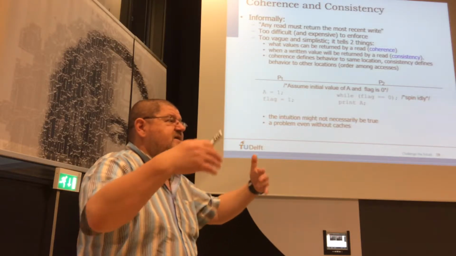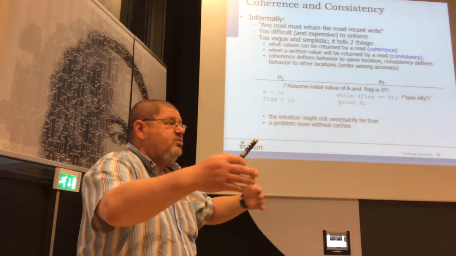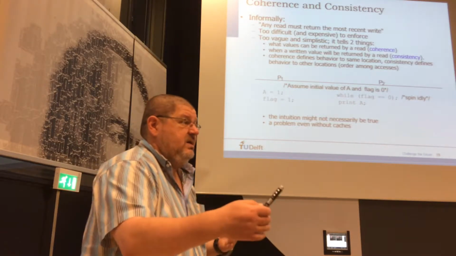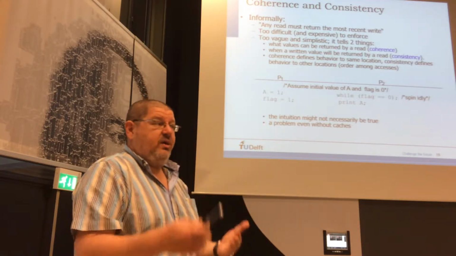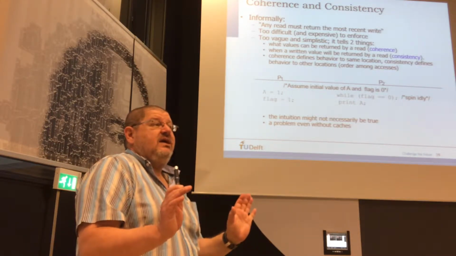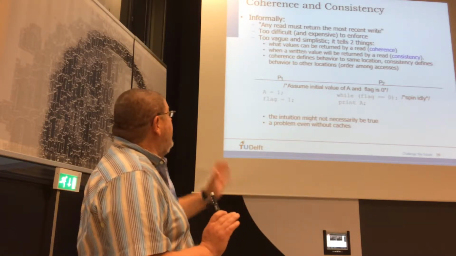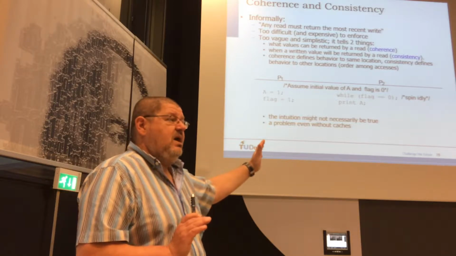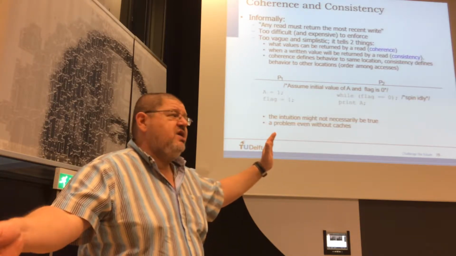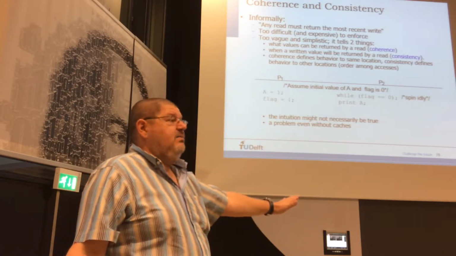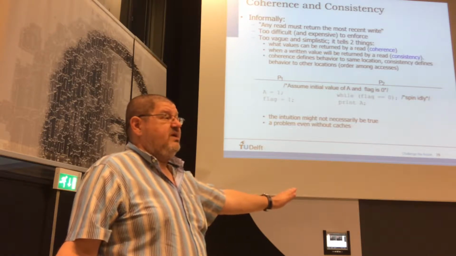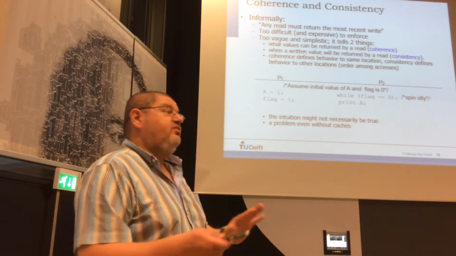When I'm issuing reads and writes, I have to be careful about the order. If the order is correct, I'm preserving the sequential execution. Then I have a very consistent system. But the price for that is huge, and it's actually killing most of the performance improvement. And for that, we allow for some exceptions.